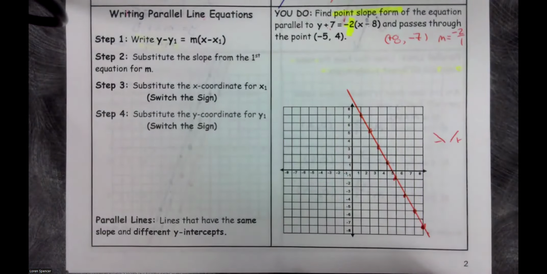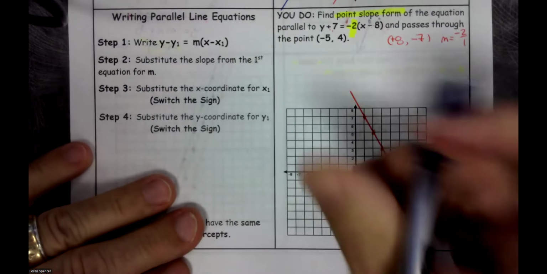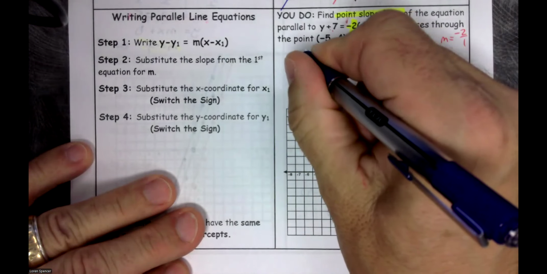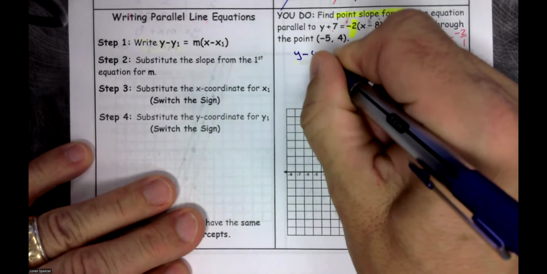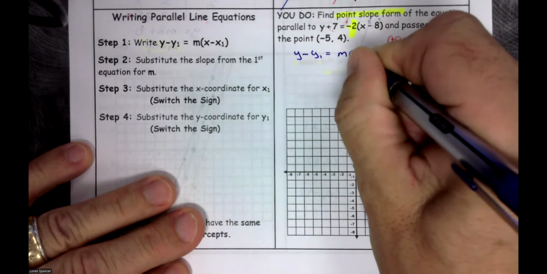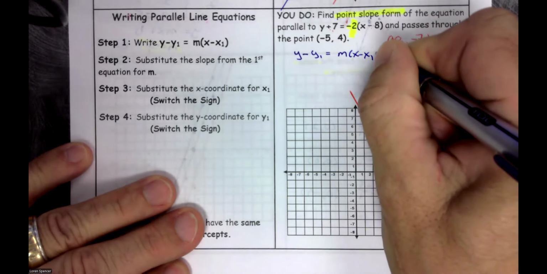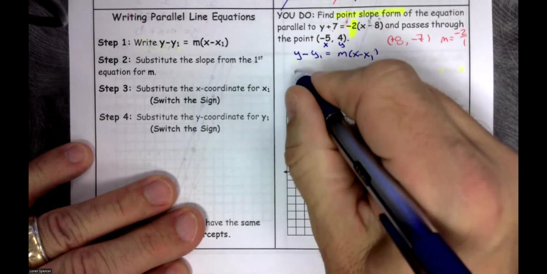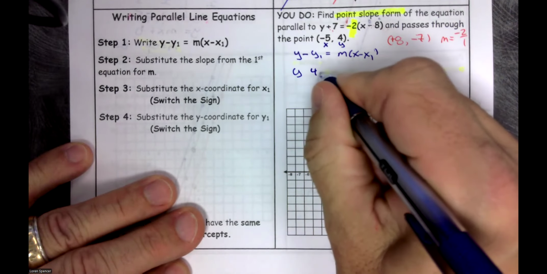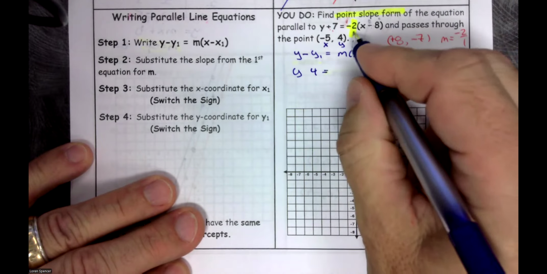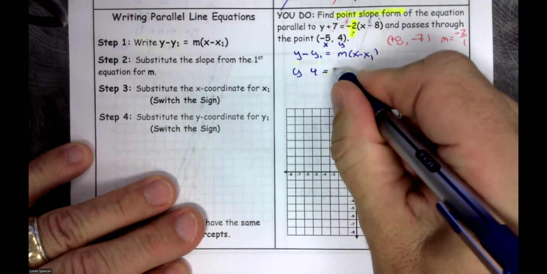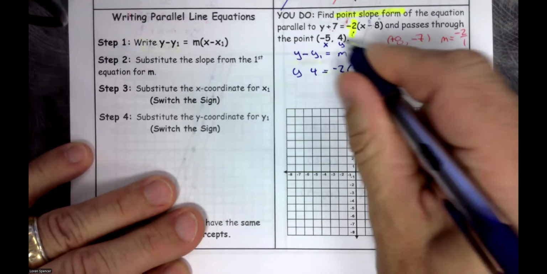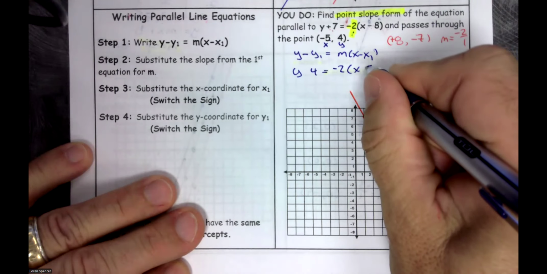That looks pretty good. So we need to write it in point slope form, and point slope form has the equation y minus y1 equals m times x minus x1. And remember, this is my x, this is my y. So we have y and 4 equals, my slope has to be the same in order to be parallel, so -2, and we have x and 5.